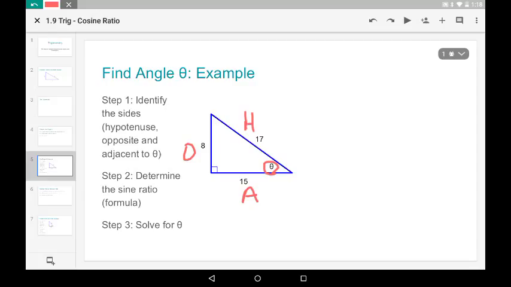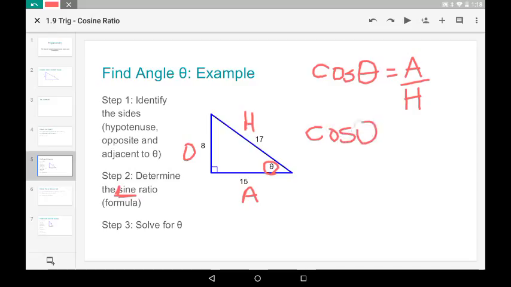So step 2, whoops, I forgot to change this. This should say cosine ratio. Apologize for that. Cosine of theta is equal to adjacent over hypotenuse. Cos theta equals, adjacent was 15, hypotenuse is 17.